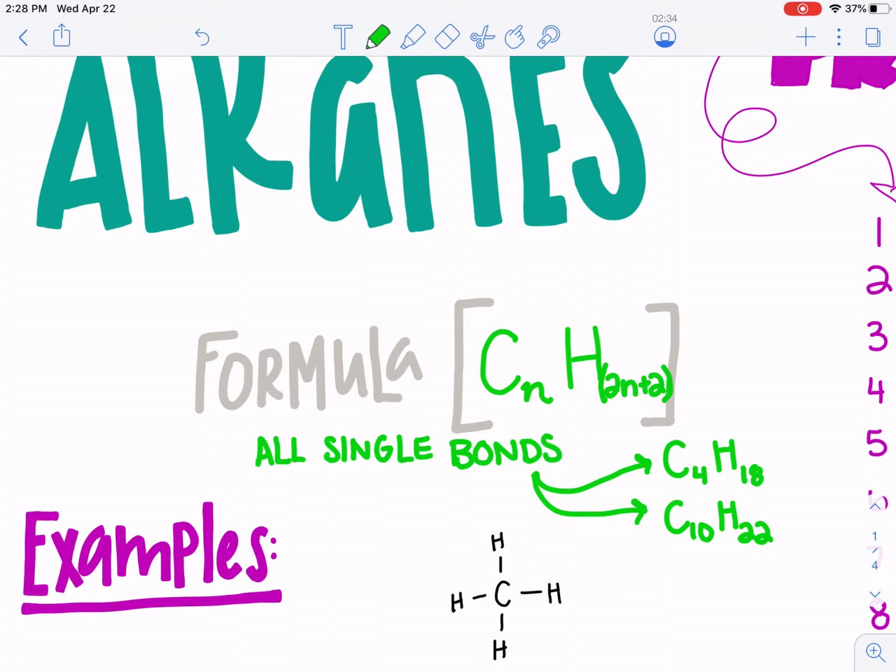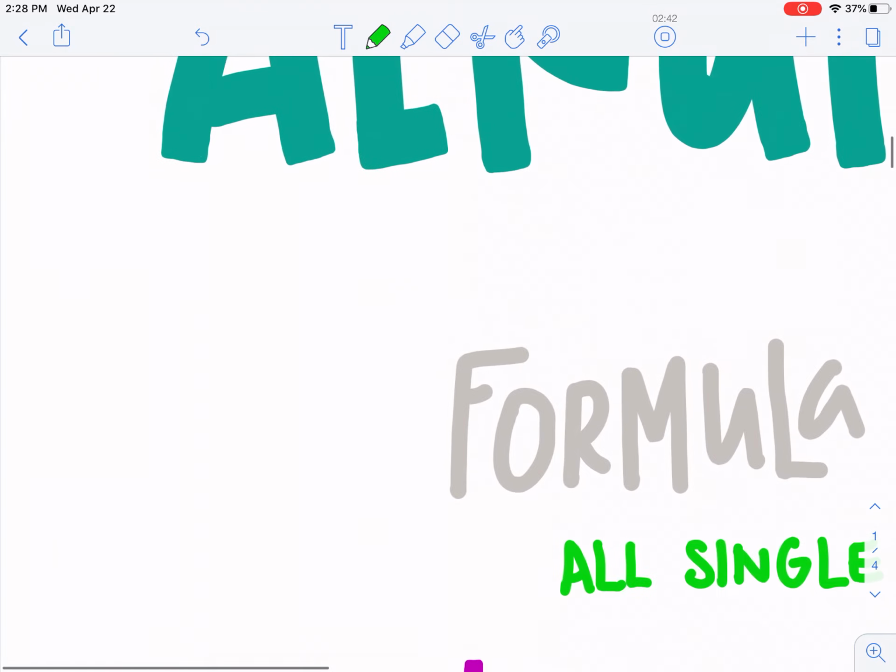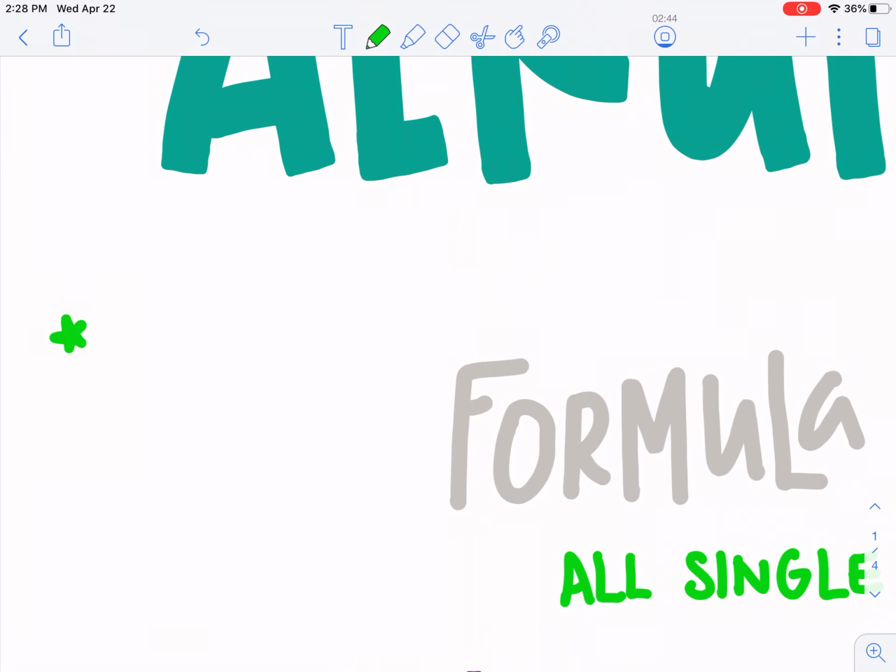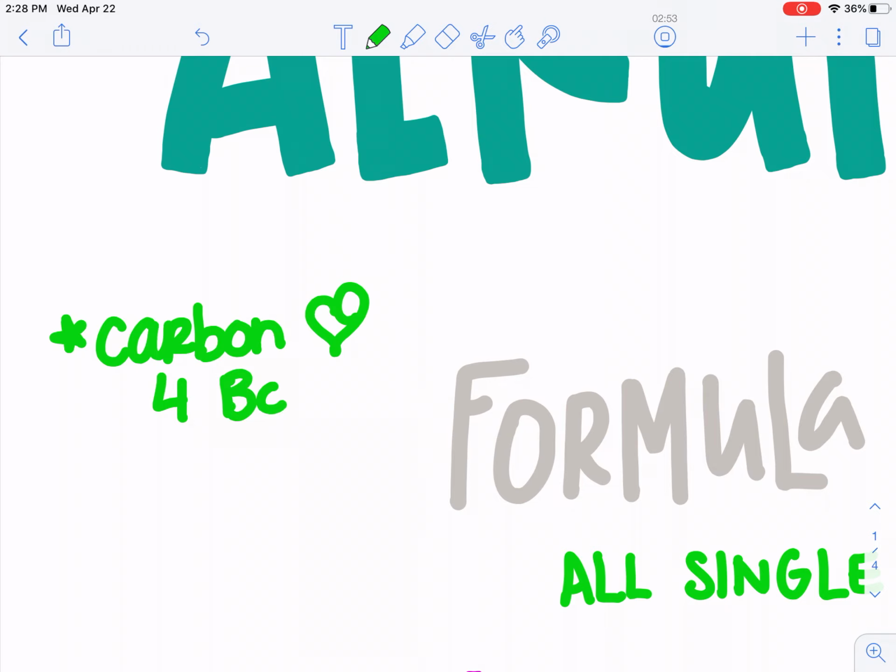The only way to get all of those hydrogens to fit around that number of carbons is to have only single bonds. Remember, throughout this chapter, always and forever, carbon really likes 4 bonds.